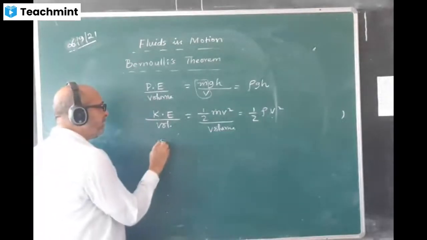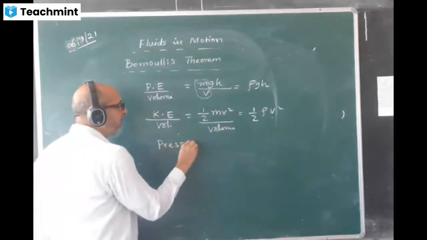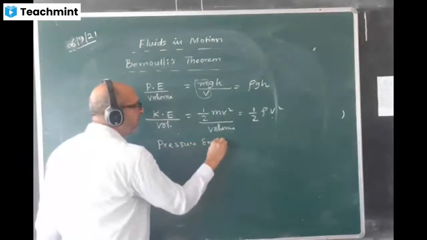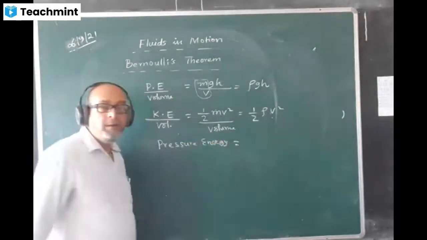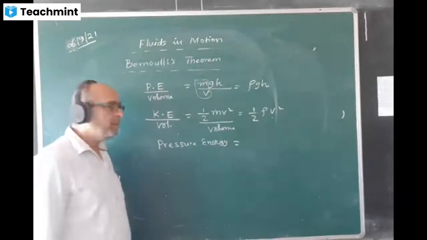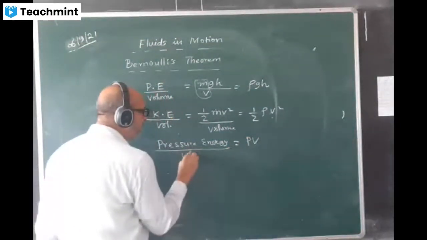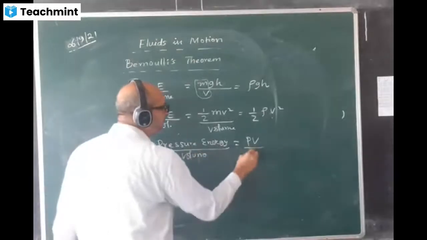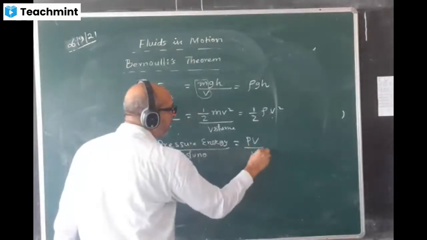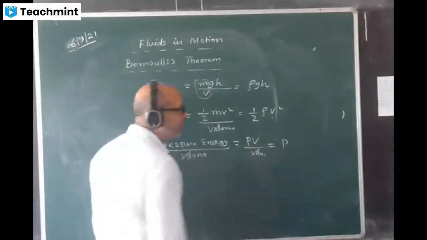Pressure energy. What is the formula of pressure energy? PV. But if I take it per unit volume, what will be the answer now? This thing divided by volume. Volume cancels. What is left over?